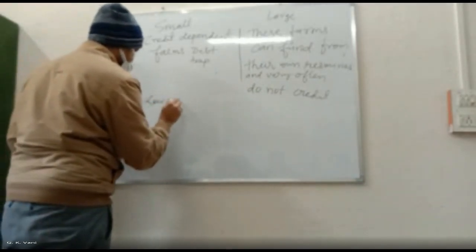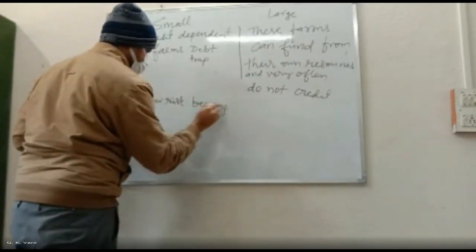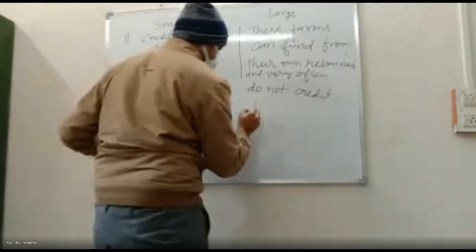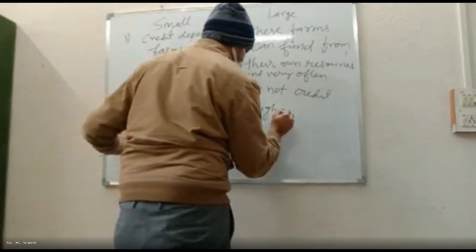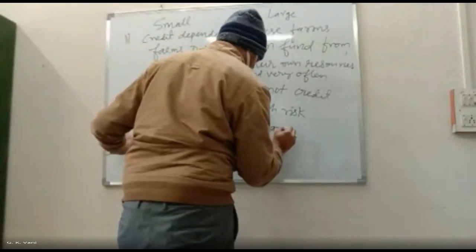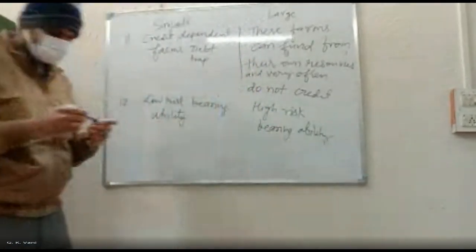Low risk bearing ability for small farms, and high risk bearing ability for large farms. I'm writing everything because it's not given in the book as such, right?